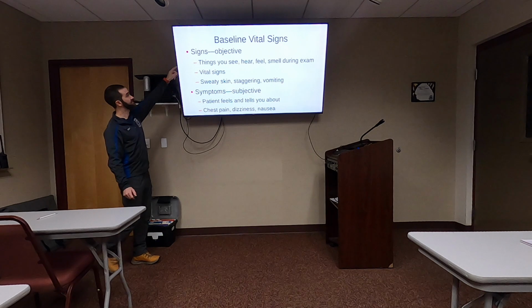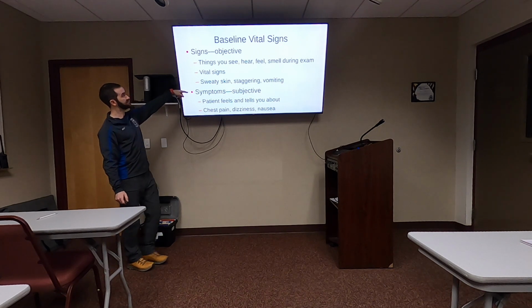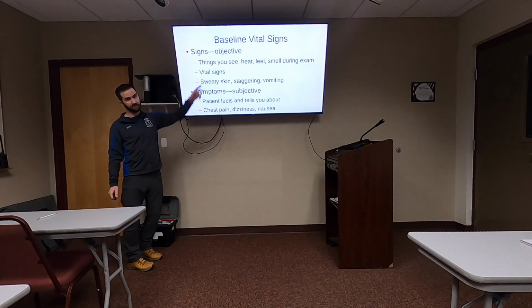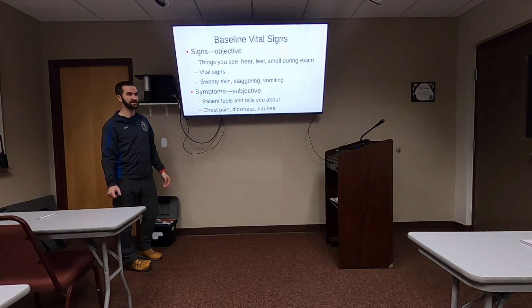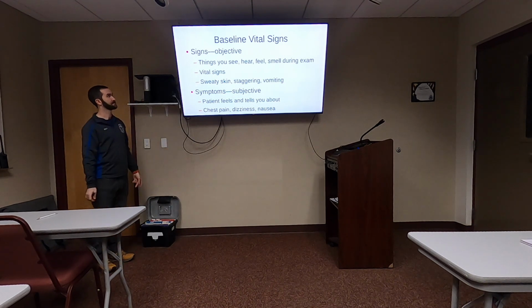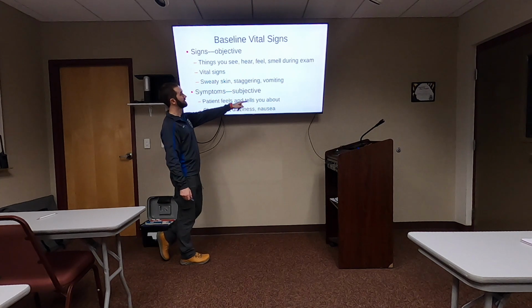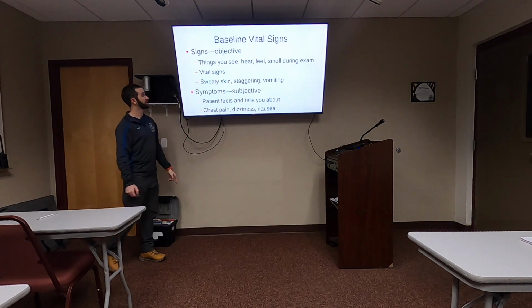So get your vitals. We can separate into signs and symptoms. So signs are objective things. So what you can witness. You can say they had sweaty skin or staggering. You can say they vomited.